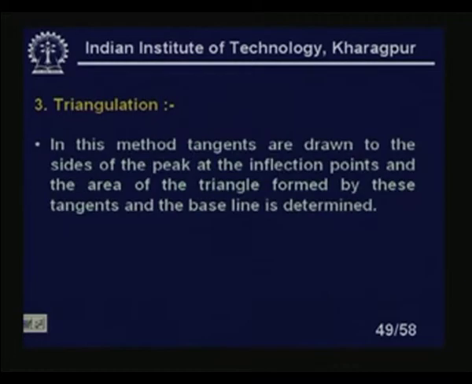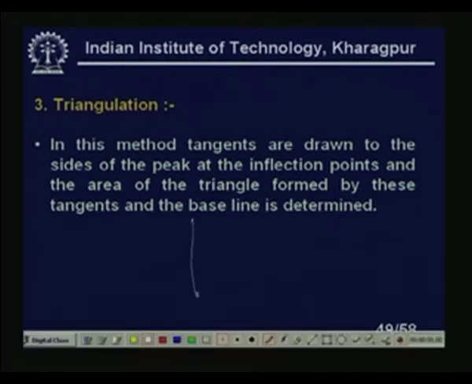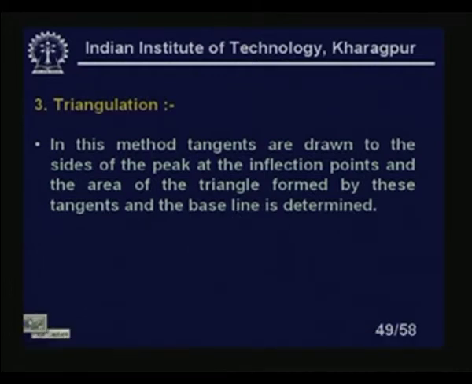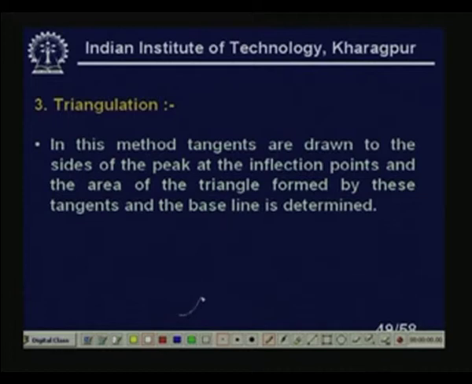Triangulation. In this method, tangents are drawn to the sides of the peak at the inflection points, and the area of the triangle formed by these tangents and the baseline is determined. It looks like this. I have a peak here, and I am drawing a tangent here and a tangent here.